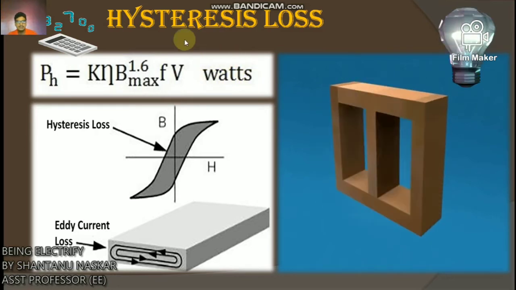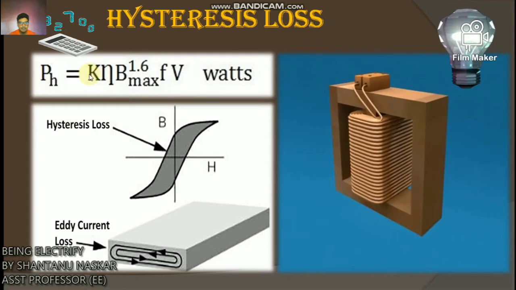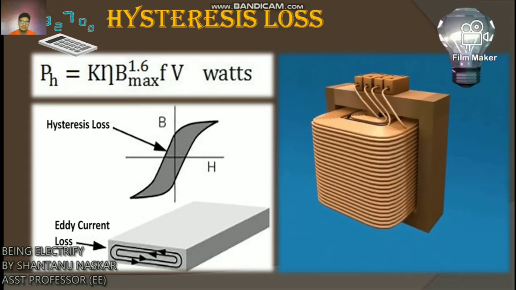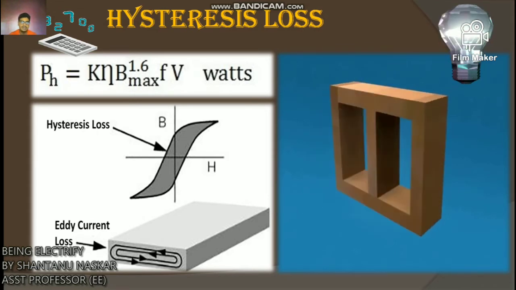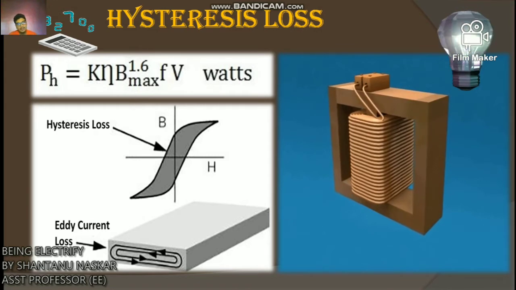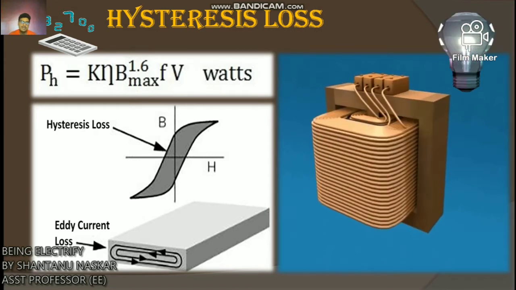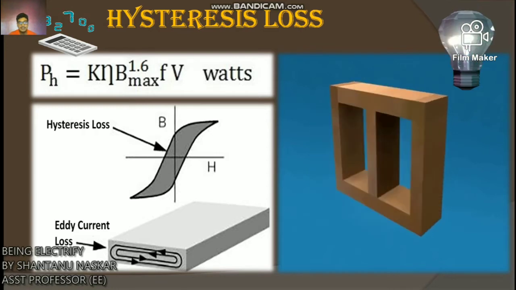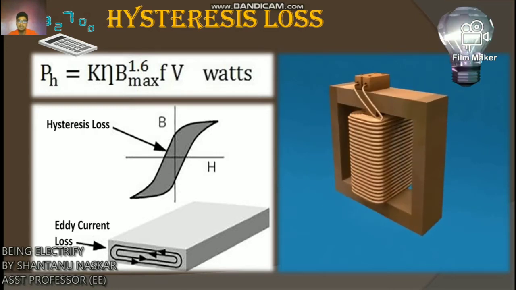Here K is the proportionality constant, which depends upon the volume and the quality of the material of the core used in the transformer, F is the supply frequency, and B max is the maximum or peak value of the flux density. The iron or core loss can be minimized by using silicon steel material for the construction of the core of the transformer.